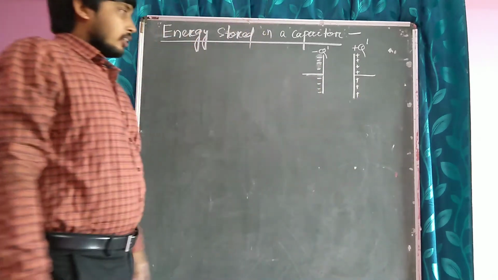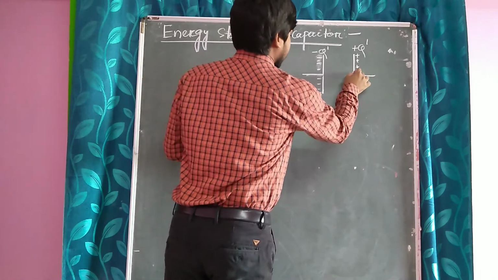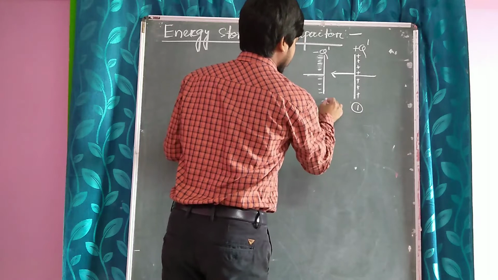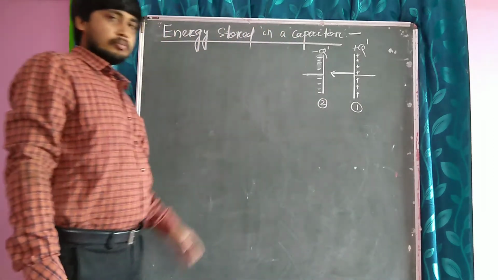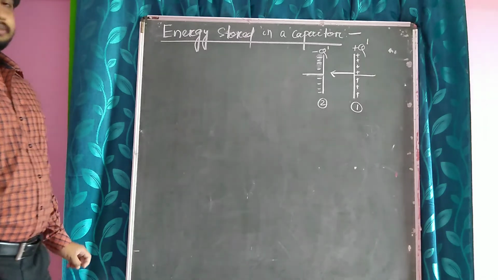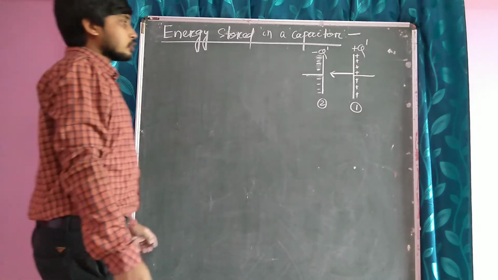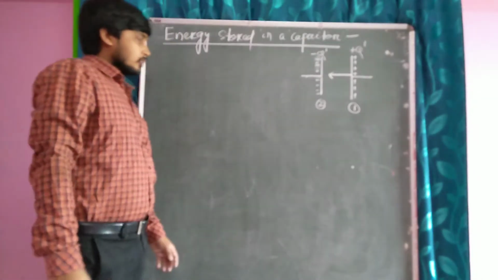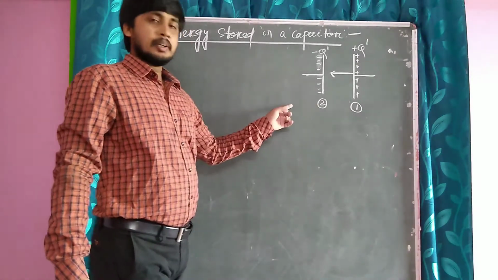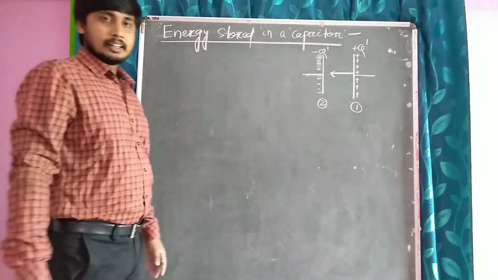And you want to transfer a charge. Let this be plate 1, this be plate 2, from plate 1 to plate 2. Then you have to do certain work. So the work you will do in transferring the charge from this plate to this plate will be stored as the potential energy.